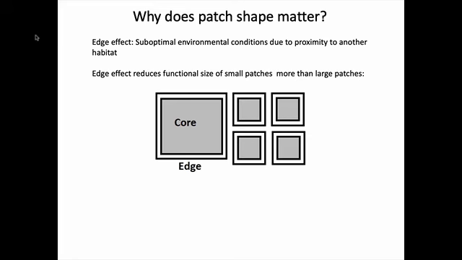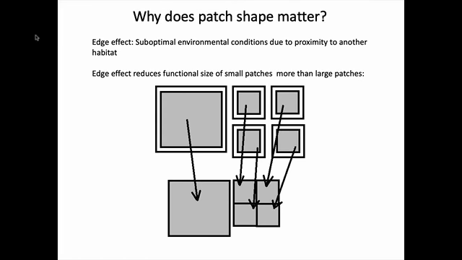To see the effect of the edge, let's compare. So here's a single large patch, and here are 4 small patches of equal size. But notice that the edge whacks off an incredible amount of these 4 patches, and so the interior that's available for forest species is much smaller when you have small patches than when you have a single large one of equal size.